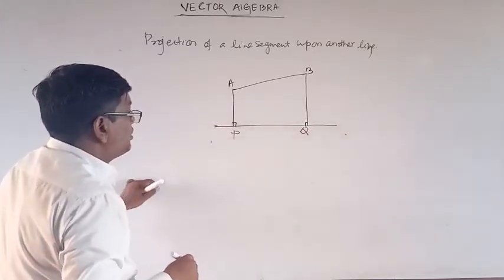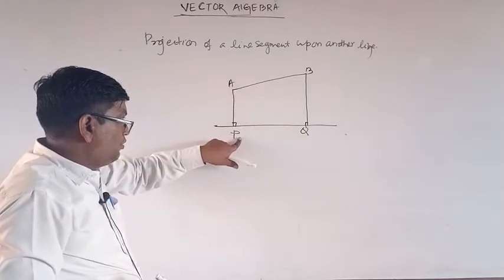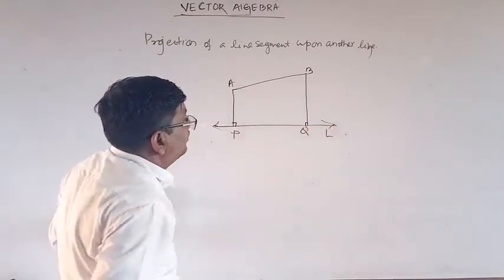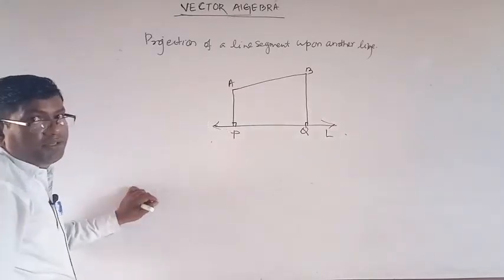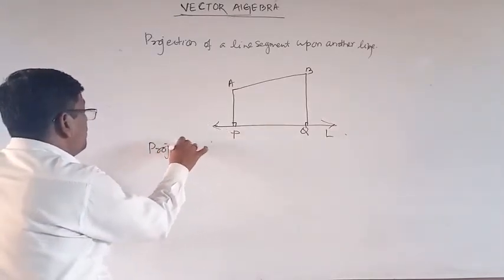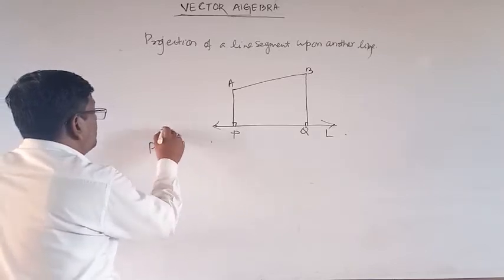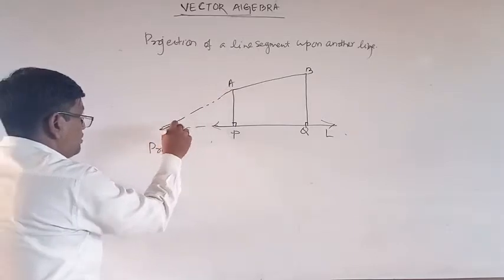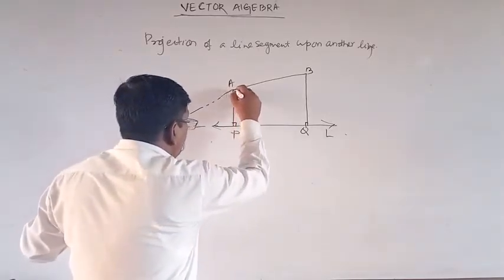What is the projection of AB on PQ, on the line L? Suppose this is line L, equal to the distance PQ. Suppose this is theta, so draw the perpendicular here.